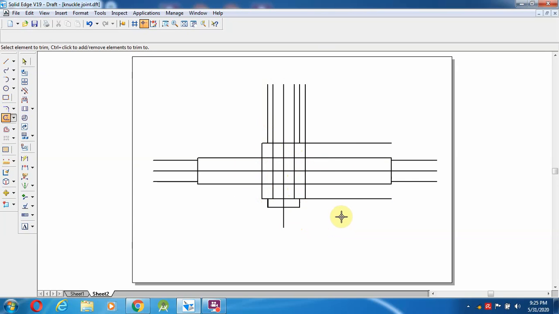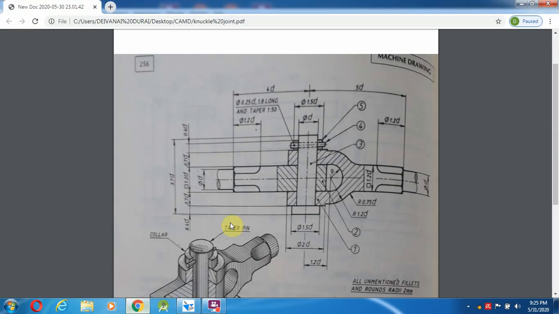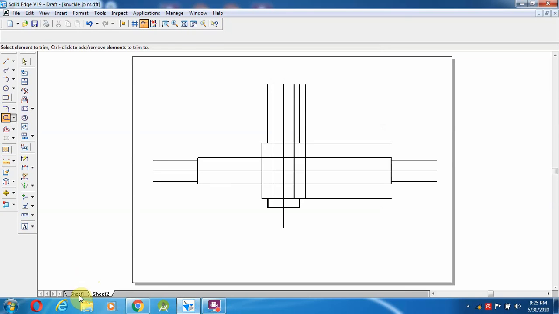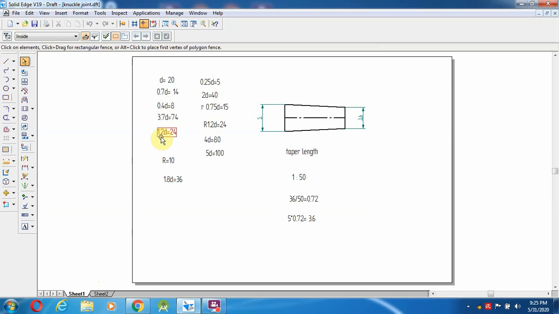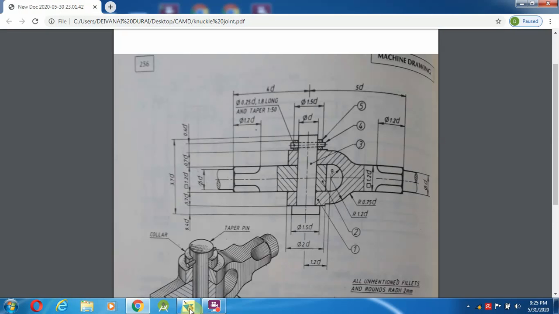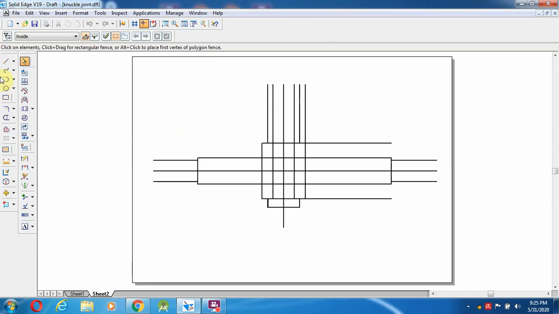Now going to draw this particular circle over here. The circle from the middle to 1.2D is placed over here. 1.2D, the value of 1.2D is 24 mm. So go over here, select a line from mid, exactly in the mid, 24 mm line.